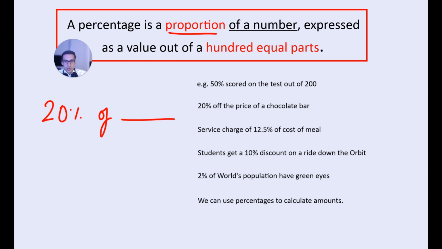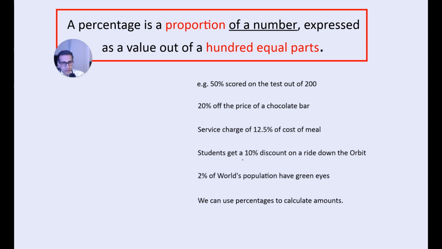So it's a proportion of a number as a value of 100 equal parts. All of those are really important things to remember about percentages, and we're going to look at how we can apply those over the course of this whole sequence of videos in this playlist.